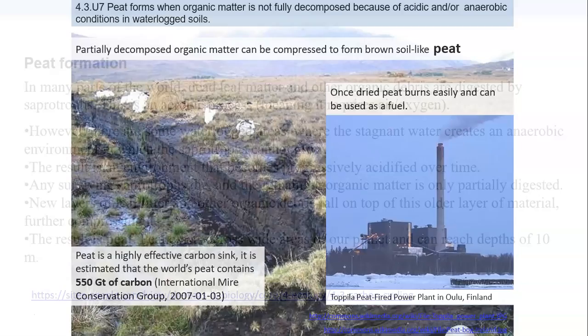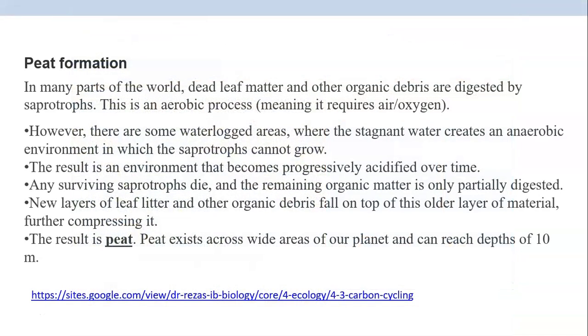Let's see how the peat is formed. This is a simple step for showing how the peat is formed. In many parts of the world, dead leaf matter and other organic debris are digested by saprotrophs.